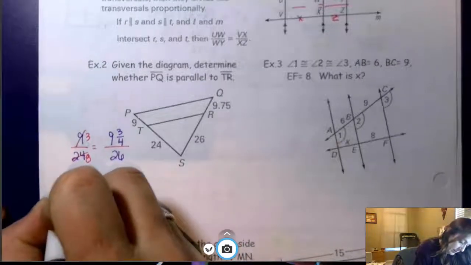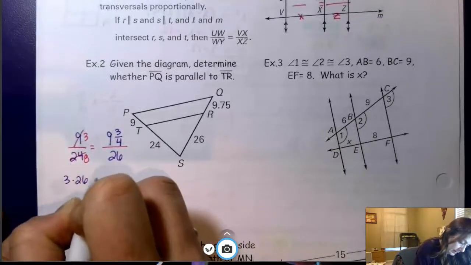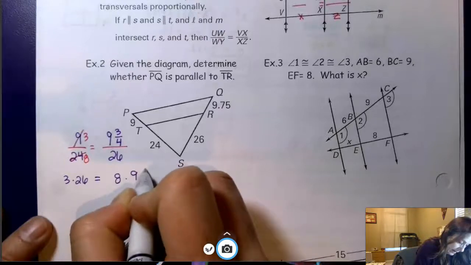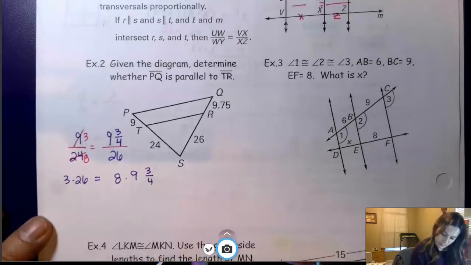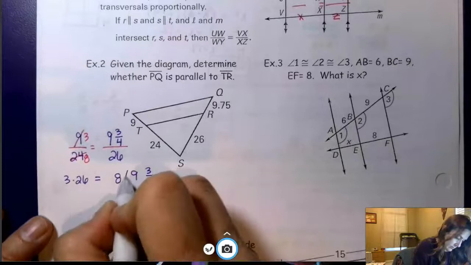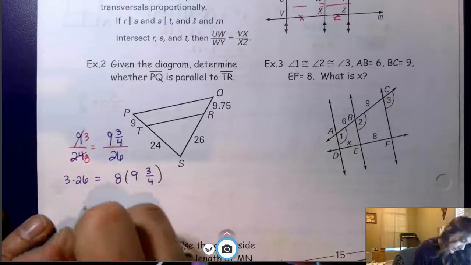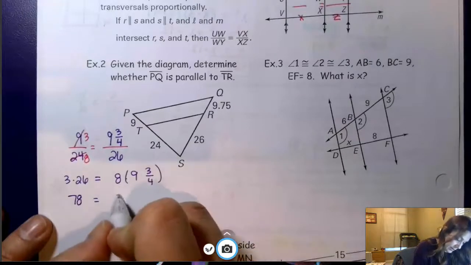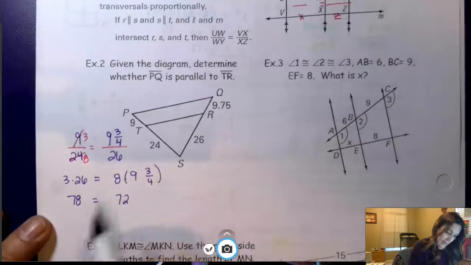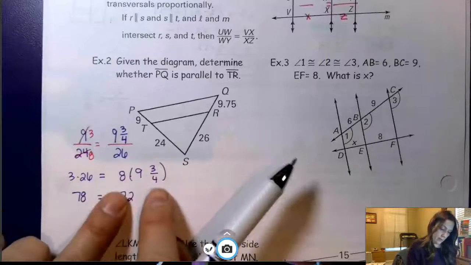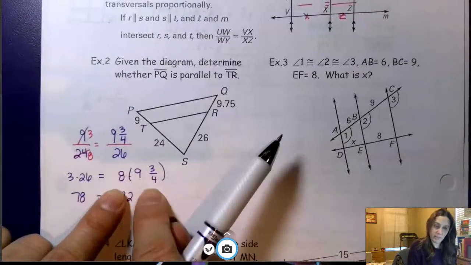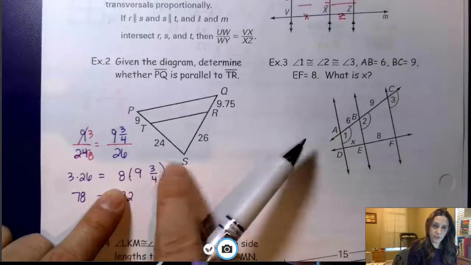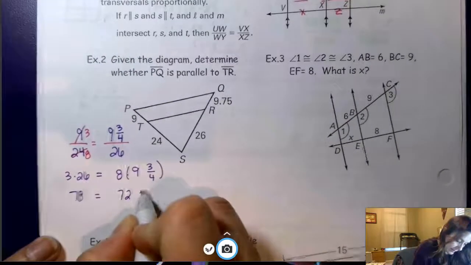I'm going to do 3 times 26 equals 8 times 9 3/4. Well, 3 times 26 is 78. 9 times 8 is 72. And 3/4 times 8, well, 4 divides 8 makes it a 2. 2 times 3, I get plus 6 here.